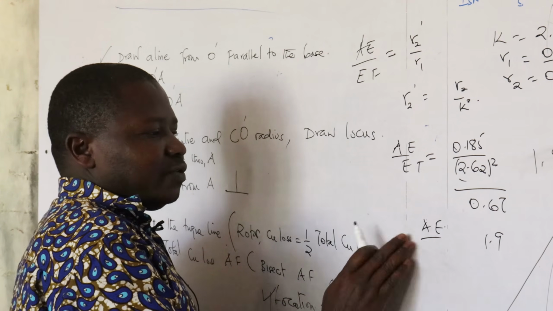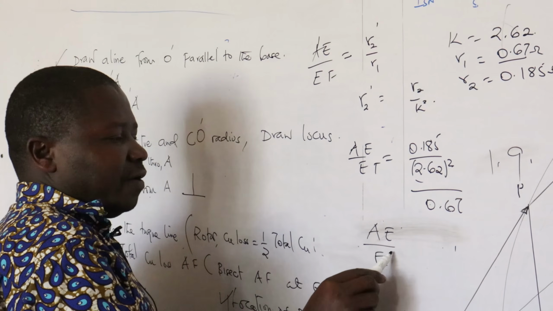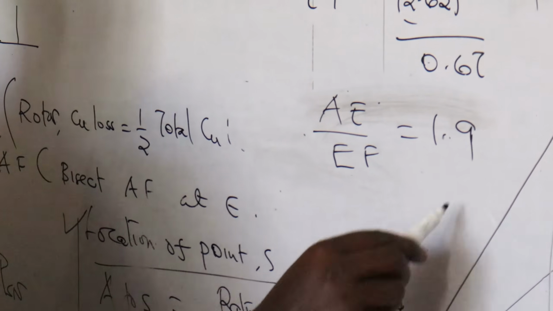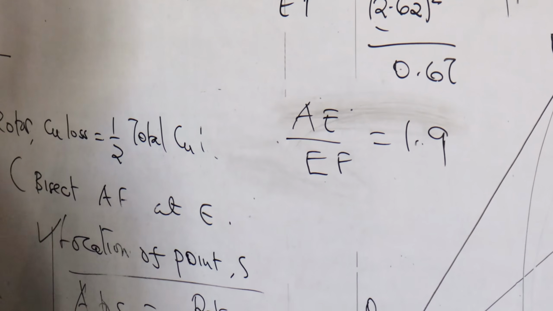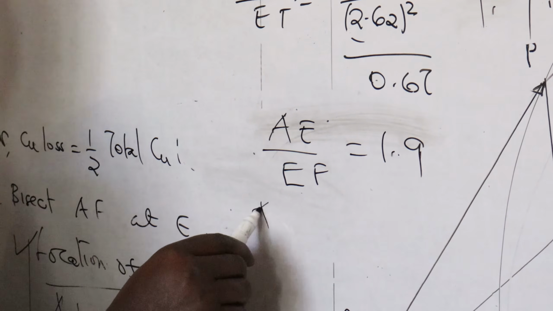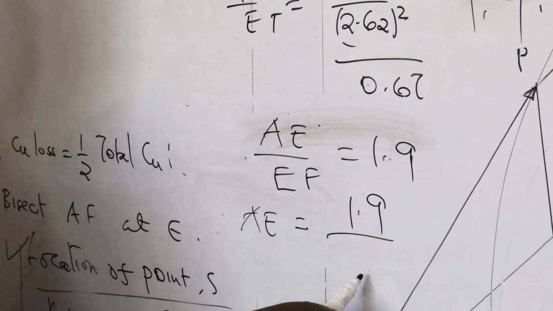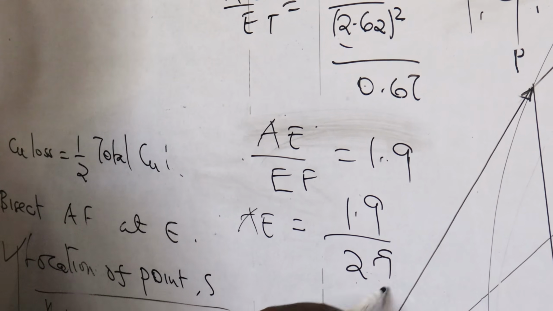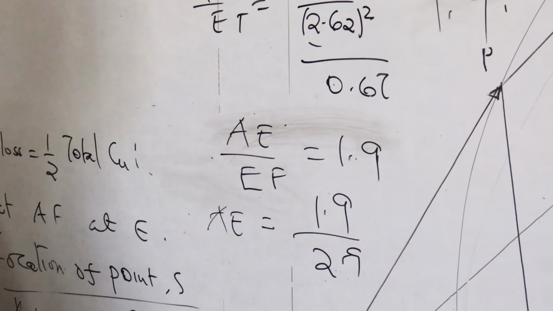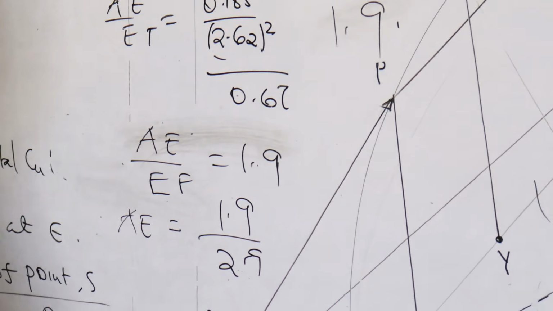When we say that A to E is to E to F as 1 to 1.9, then the total is 2.9, so AE is 1 over 2.9 of the total.